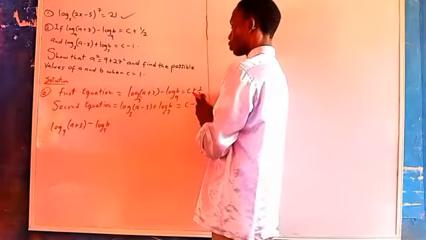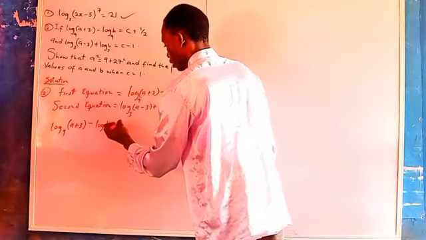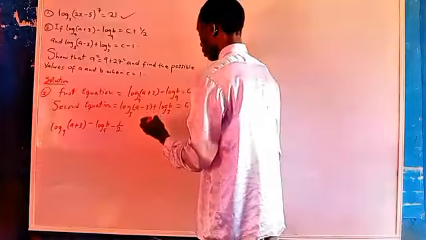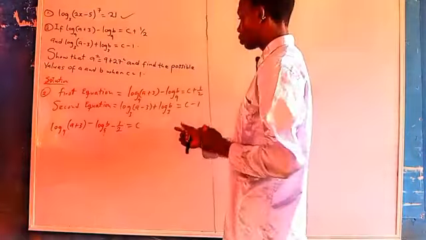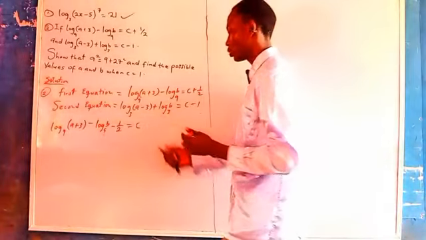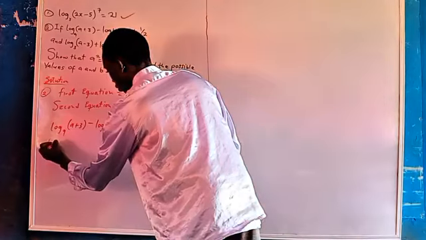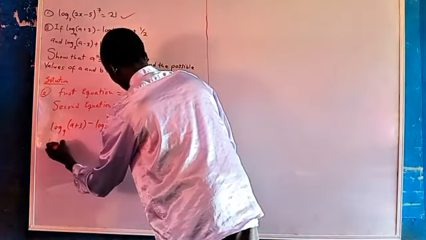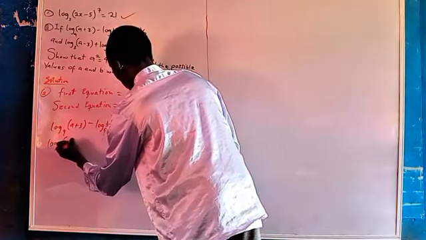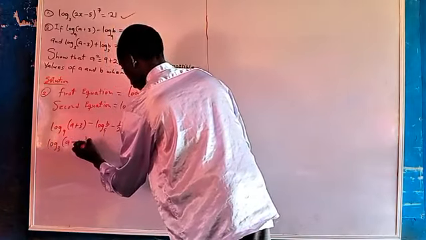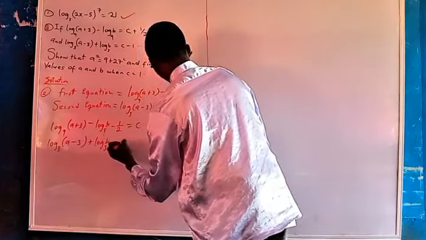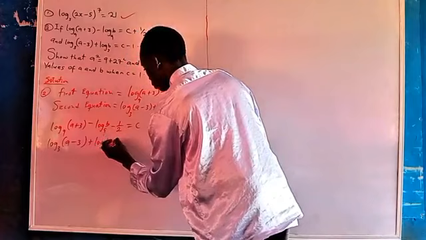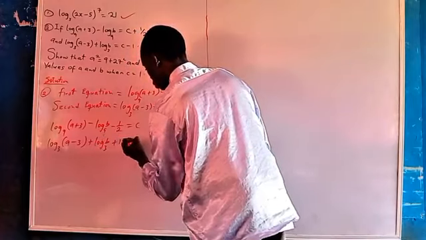Okay, now I can subtract this from this, that is, I collect the like terms: minus 1 over 2 moves over, equals c. And I can do the same thing to the second equation. This will be log to base 3 of a minus 3 plus log of b base 3 equals c minus 1, plus 1, collecting the like terms, equals c.